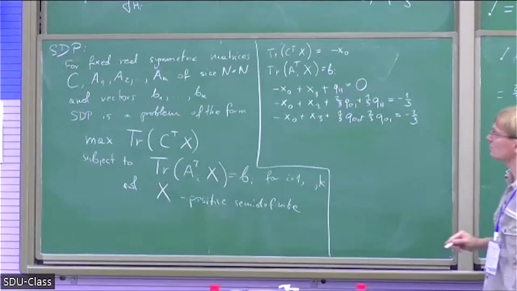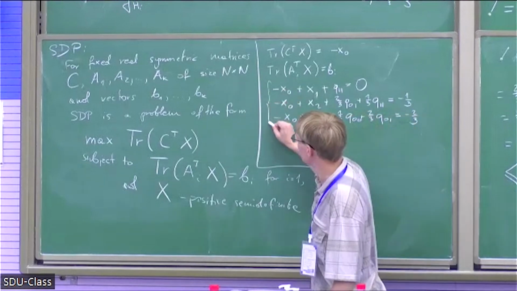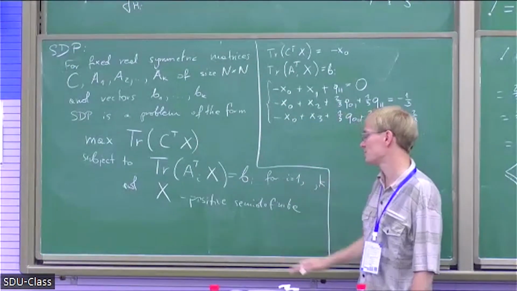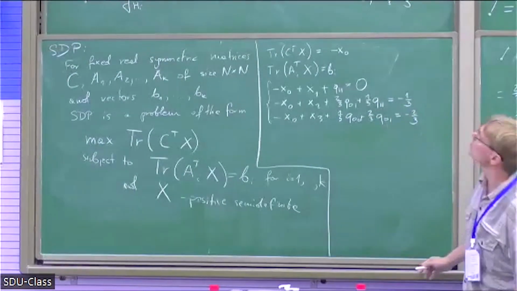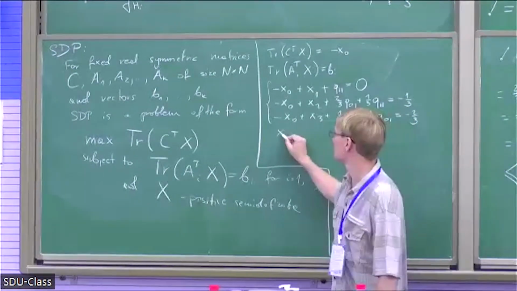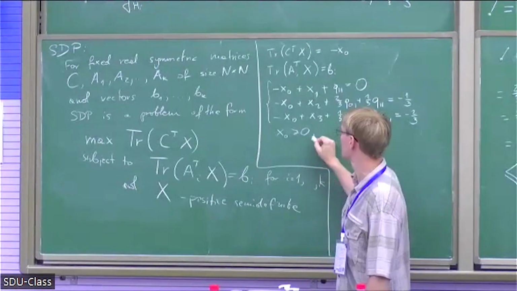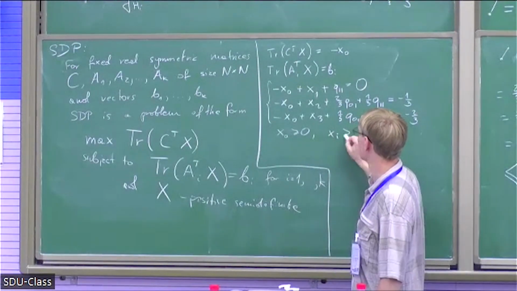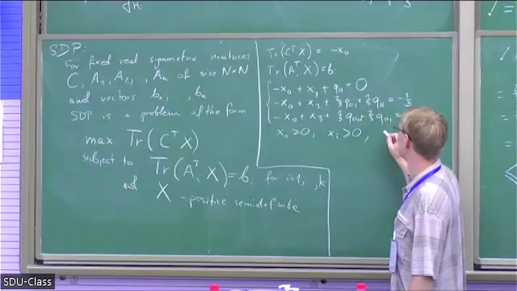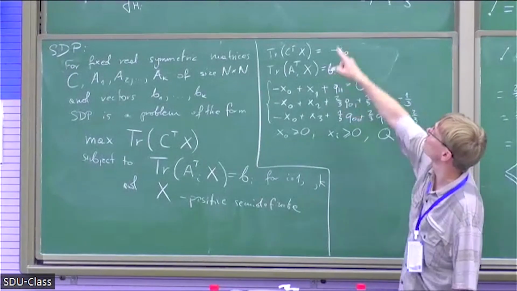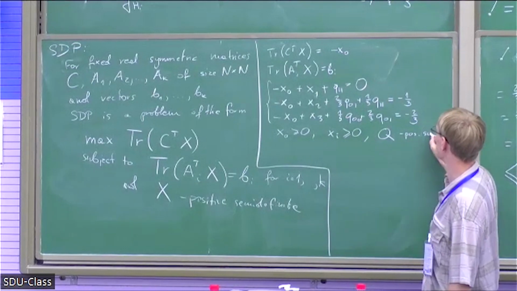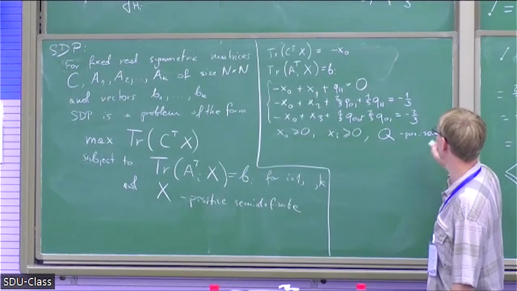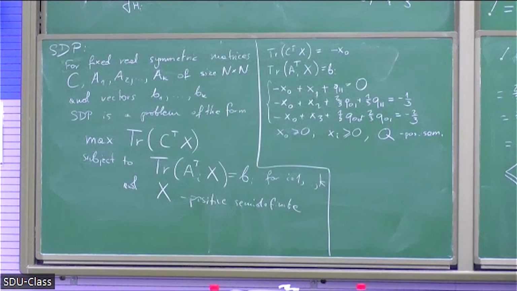Okay? So this is coming from this. And what it means that this matrix X is positive semi-definite is that x0 needs to be non-negative, all those xi's need to be non-negative, and the matrix Q that I have in the last block is positive semi-definite, as I need in my proof.